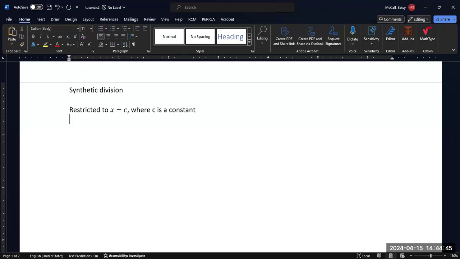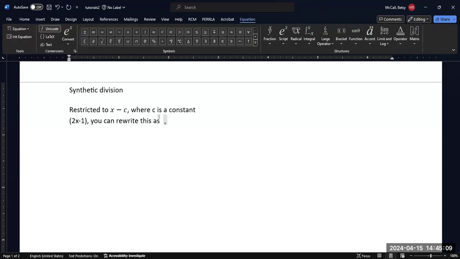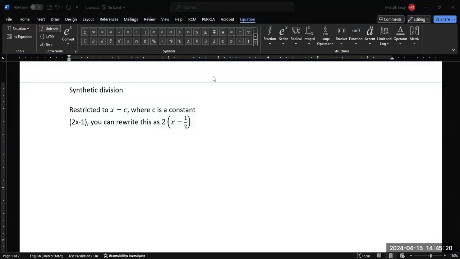Now, if you are dividing by a factor like 2x minus 1, you can rewrite this as 2 times x minus 1/2, and then actually do the synthetic division with the 1/2 in the process, and then come back and take care of the 2 later.